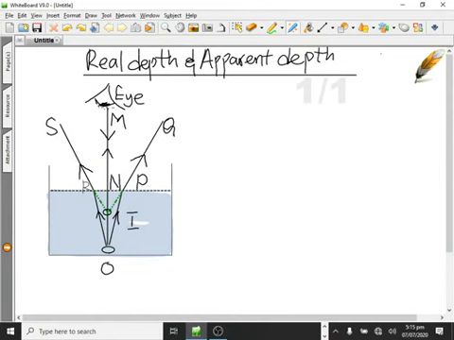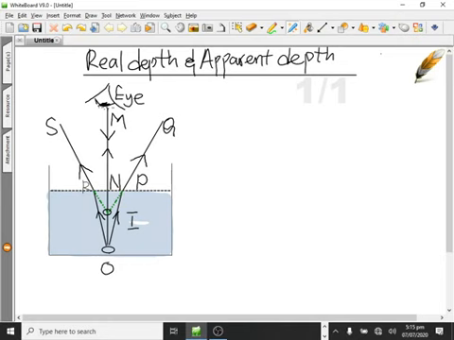Remember, when a ray of light enters from one medium into another, there will be a change of speed, refraction, and a change in direction. So the ray moves in this direction of PQ. The same thing with OR: when it gets here, it turns to RS. It has been refracted.